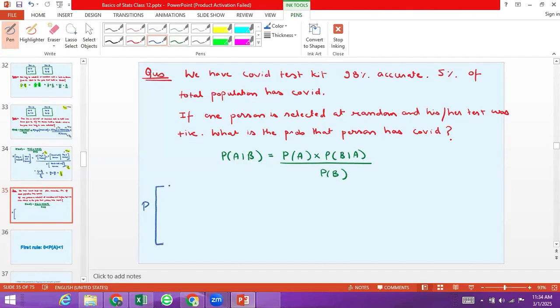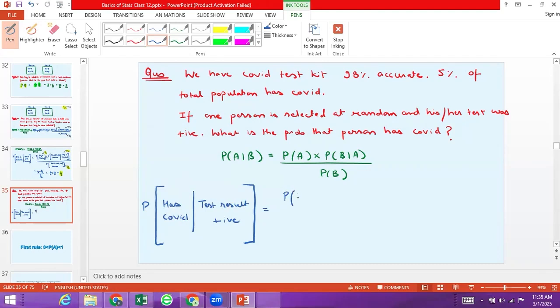B is a positive test, and A is COVID. So the probability of A given B is: the probability that someone has COVID, given their test result is positive, equals what?